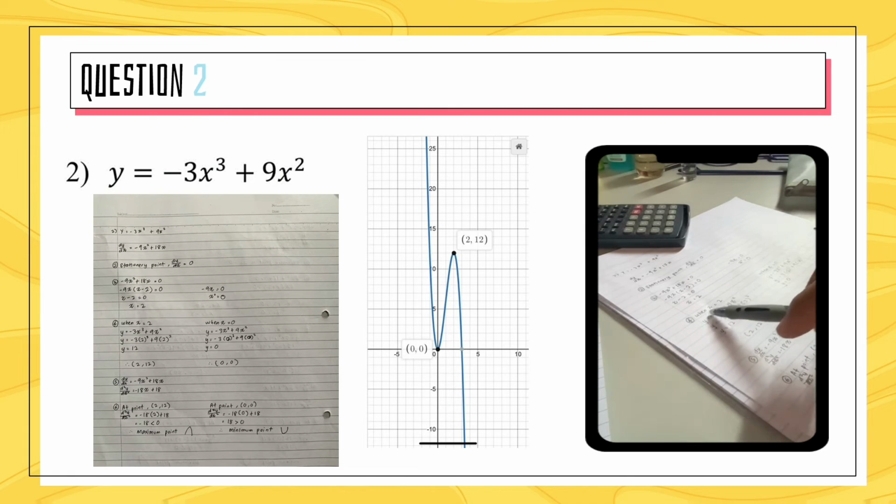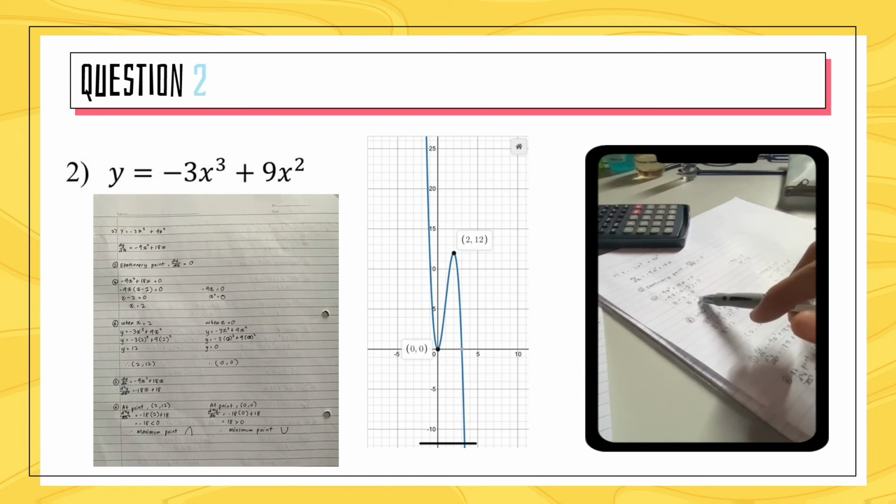So when x equals 2, we write the question back like y equals negative 3x power of 3 plus 9x power of 2, and put in the x.